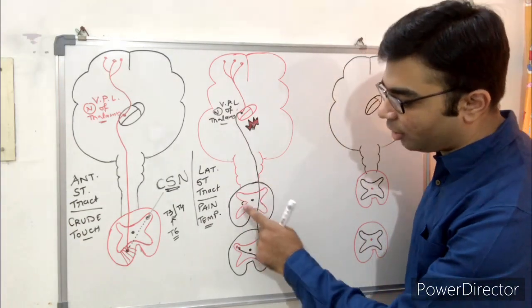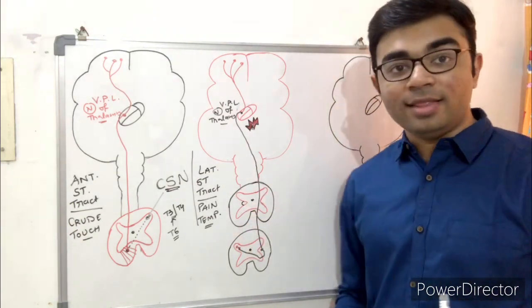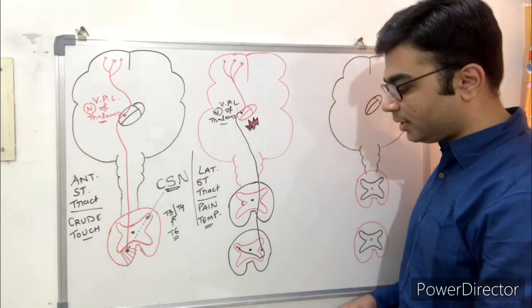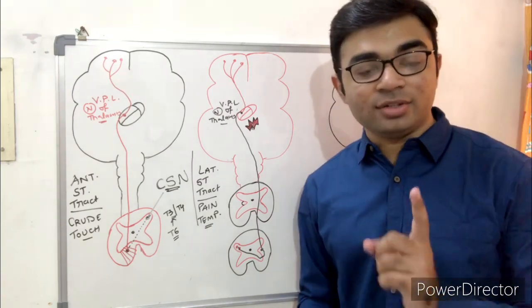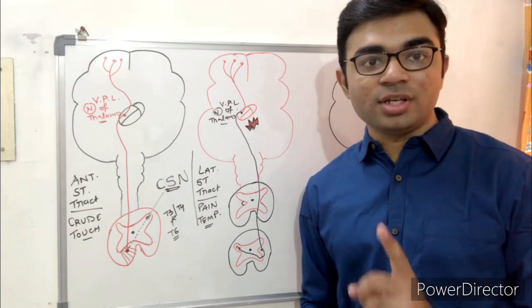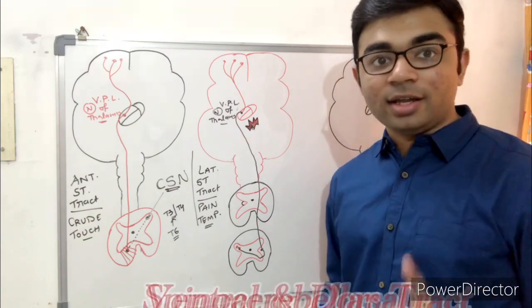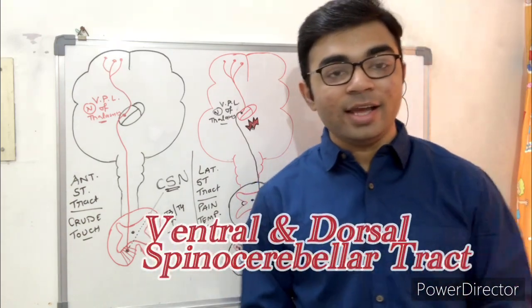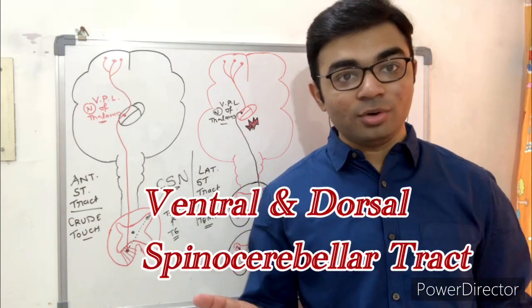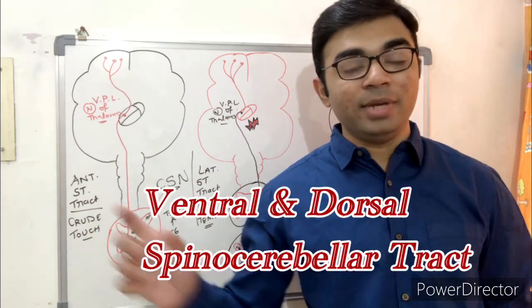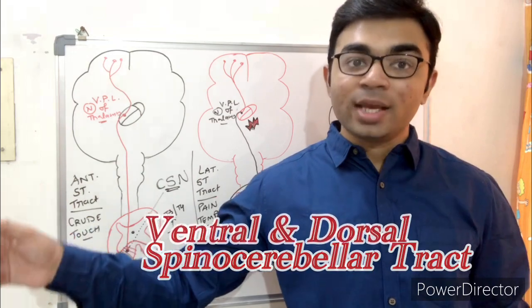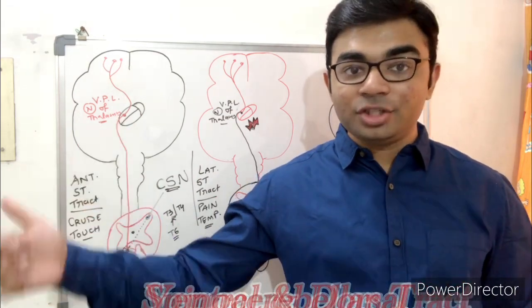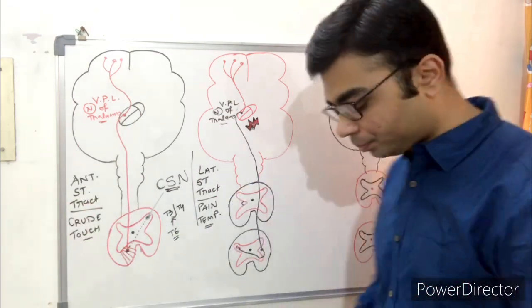the second tract of the lateral white column, that is the ventral spinocerebellar tract and the dorsal spinocerebellar tract. Now again focus on the heading: ventral and dorsal spinocerebellar means these tracts are reaching up to the cerebellum.